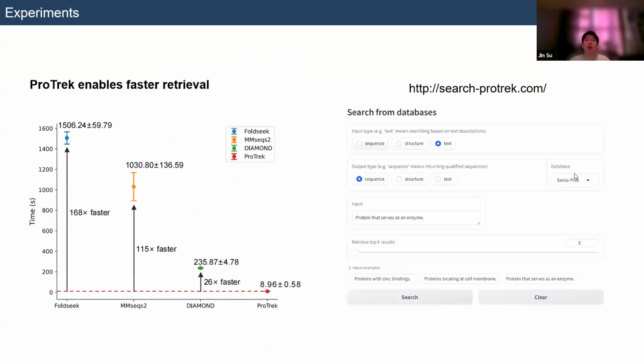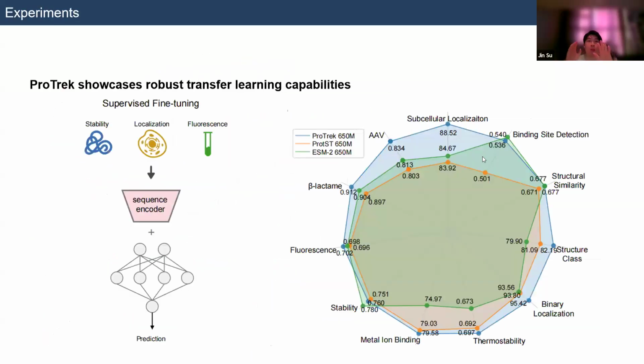Here we don't fine-tune the model on this dataset and then do retrieval. This is only to test the transfer learning capabilities. If we fine-tune the ProTrek sequence encoder on downstream task datasets, we cannot use it for retrieval.